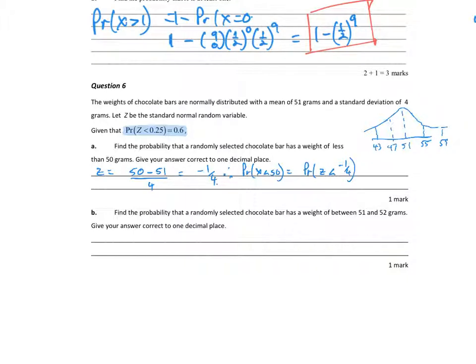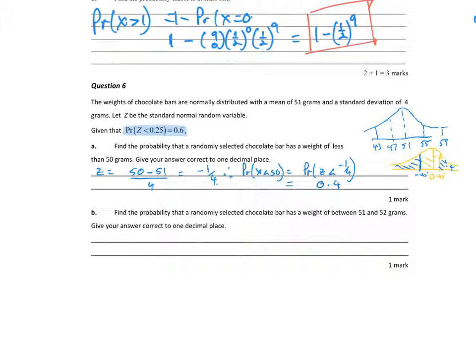Okay, so if we compare our standard normal curve, there's 0, 0.25 might be there, and we're saying all that area below is 0.6, so that's 0.4. So there's negative 0.25. So this area here is the same as this area here. So that's simply going to be equal to 0.4.